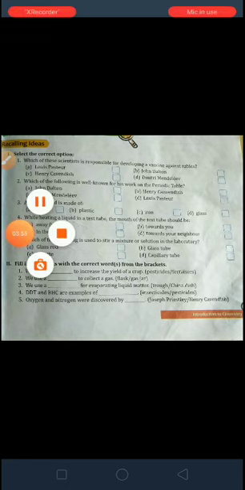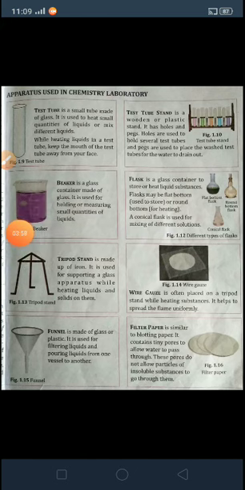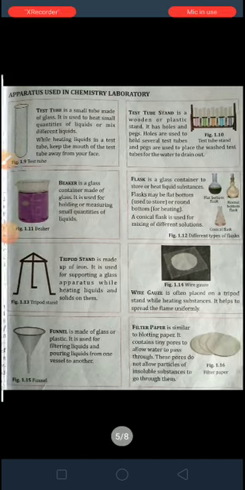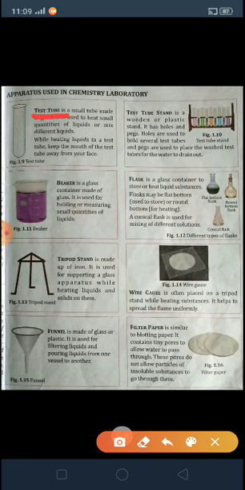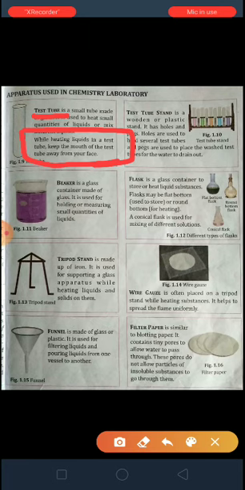Next question. While heating a liquid in a test tube, the mouth of the test tube should be. This is an apparatus we use in the chemistry laboratory, and when we are going to do any experiment, especially while heating liquids in a test tube, keep the mouth of the test tube away from your face.